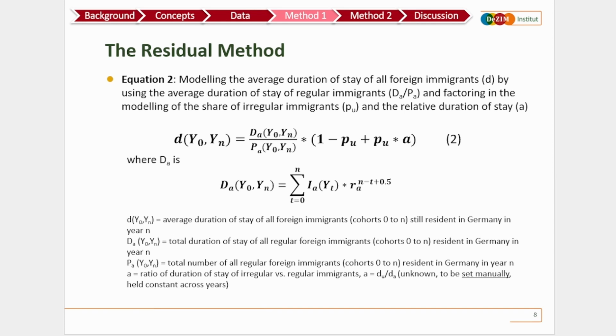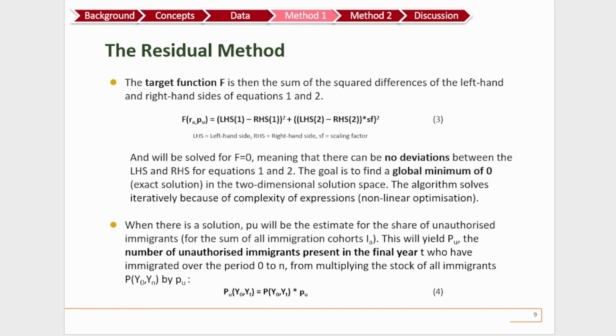And from the two equation system, you construct the target function that basically looks at the left-hand side and right-hand side of each equation. You then take the squared sum of the differences and apply also a scaling factor, because one equation, as you've just seen, is number of years of residence. So that is somewhere between, let's say, 5 and 10 and 15 years for foreign residents.